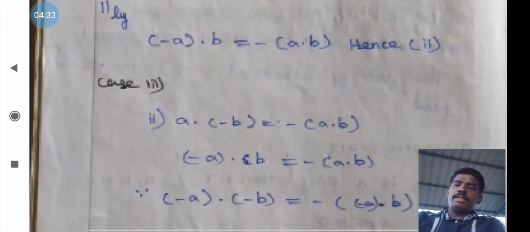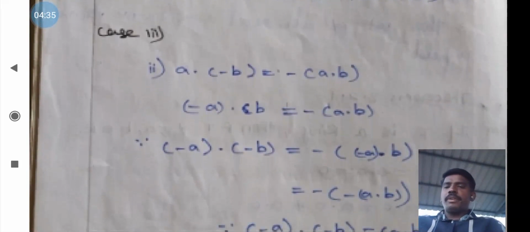And the third one is (minus a) dot (minus b) equal to simply a dot b. That's what we are going to prove. For this we use the second condition. We know that a dot (minus b) equal to minus of (a dot b). So instead of a and b, we use minus a and minus b.